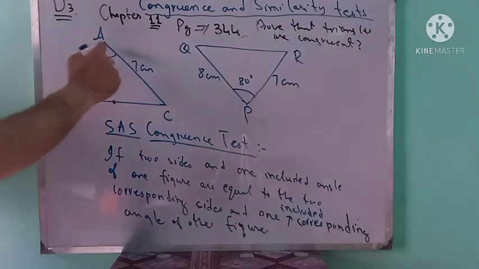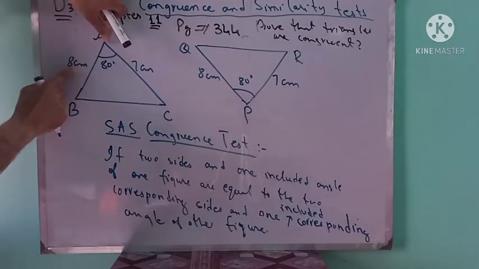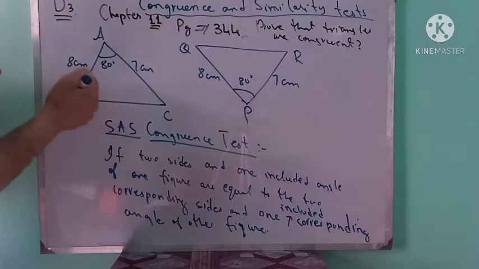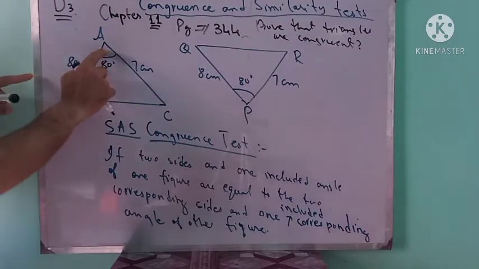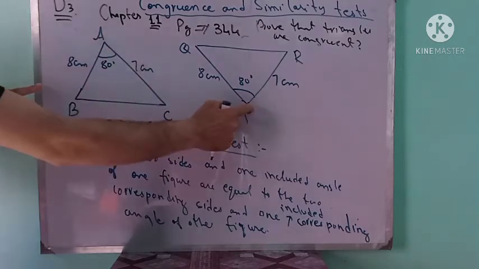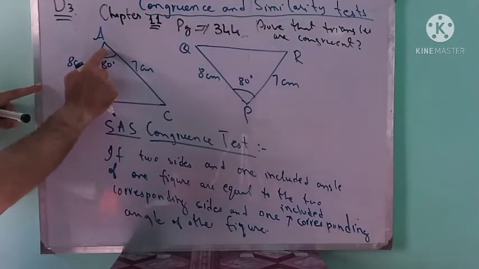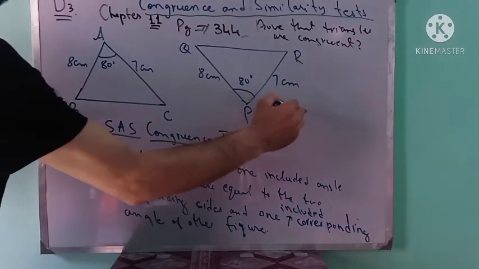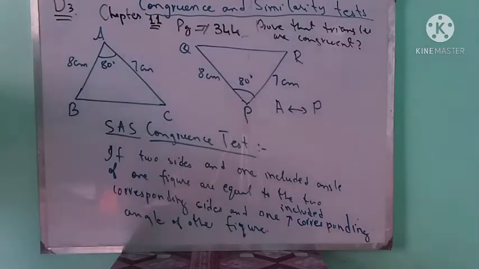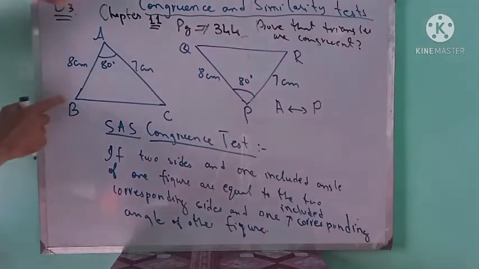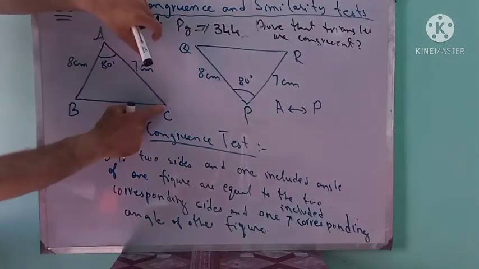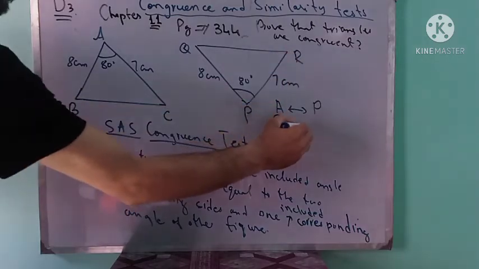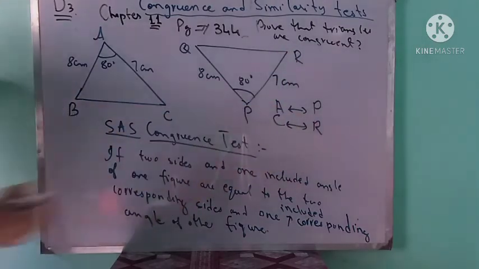So first of all, let me tell you the corresponding vertices. A and P are the corresponding vertices, because on A there is 80, here on P there is 80. In front of 8 is C, and here in front of 8 is R. So C and R are the corresponding vertices.